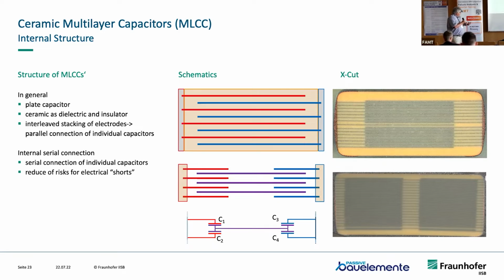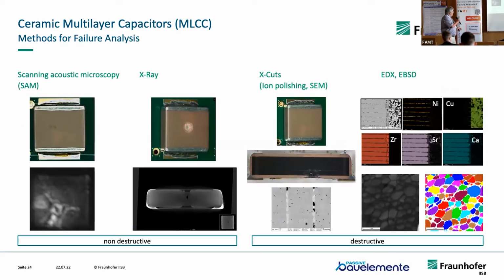But basically, you need to understand the internal structure. If you want to discuss failures or the root causes of failures, we are using a broad bunch of analysis technologies: the scanning acoustic microscope, the X-ray, the EDX and EBSD.